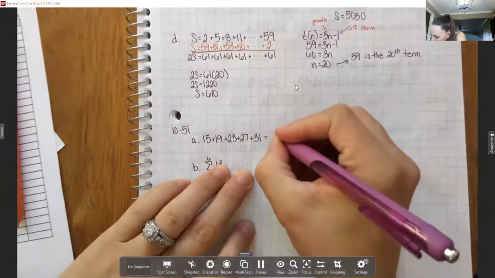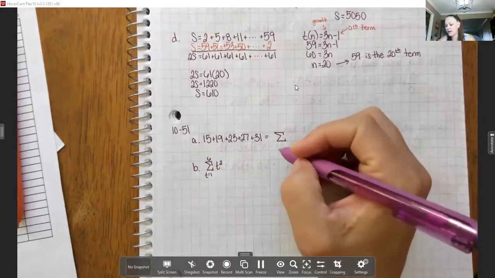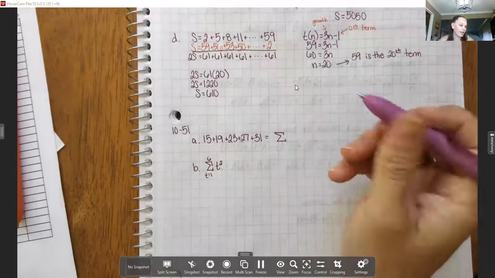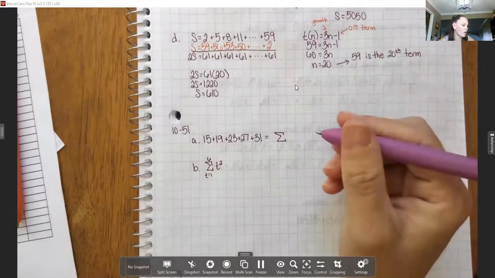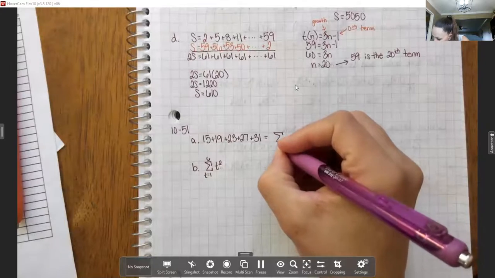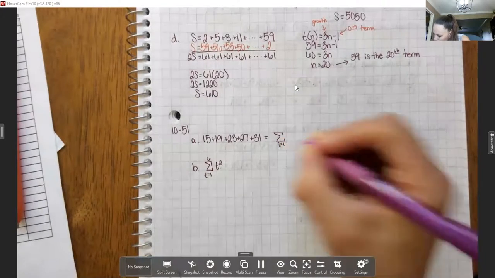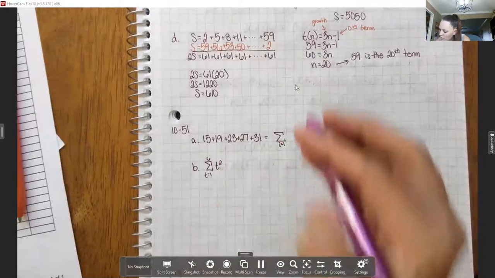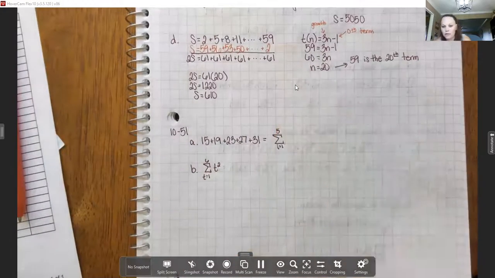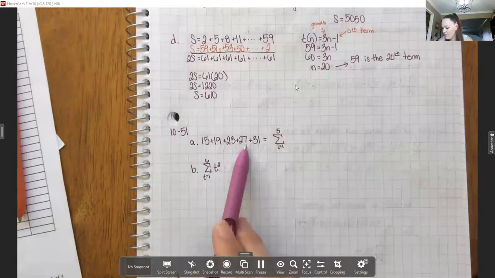So A, again, you can use any letter here. I, K, J, C, I think those were all used. So if I do I equals 1, it's going to go to 5. We can tell this is arithmetic. It's growing by 4.